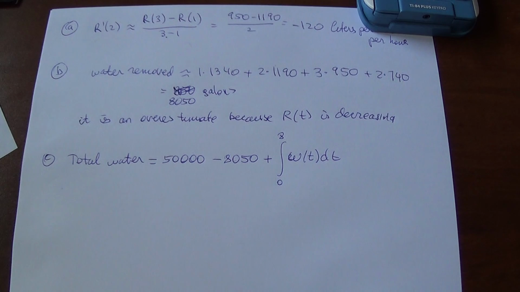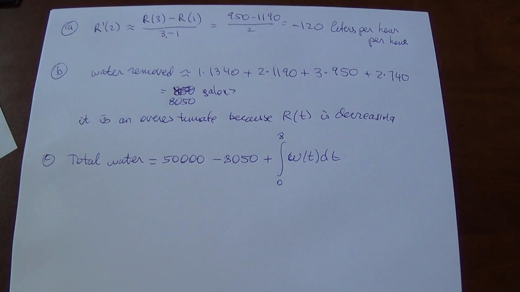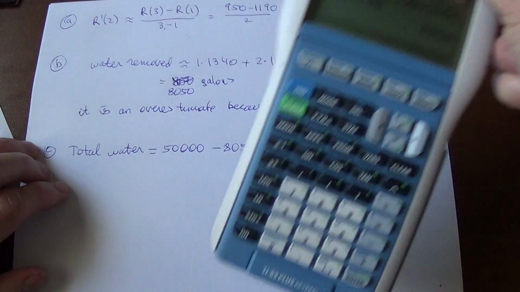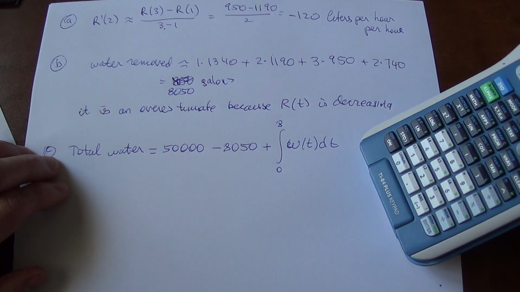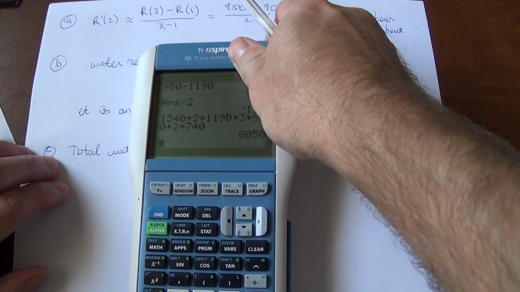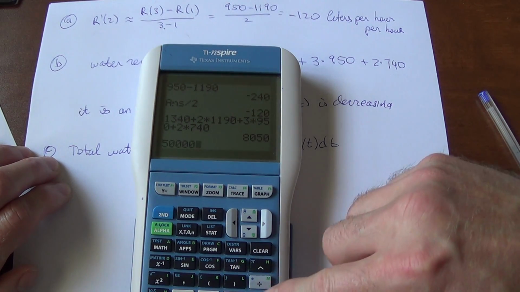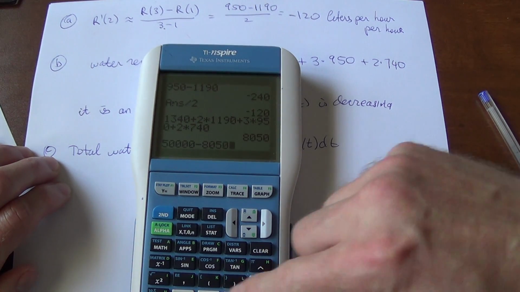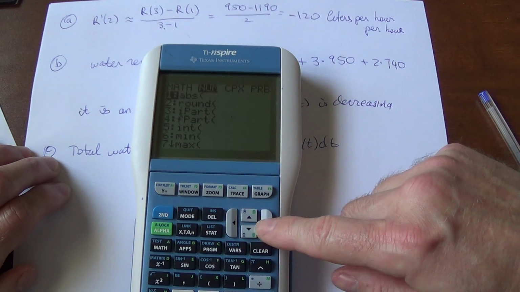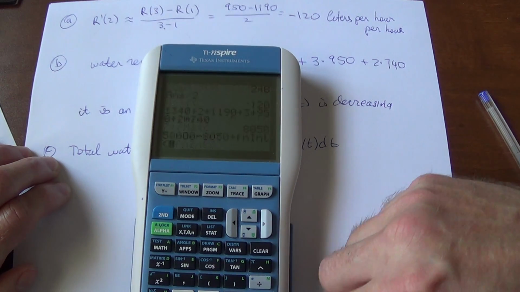Because it's a calculator active question, this function is easy enough to handle. This is the only part where you actually need to use this function. I'm just going to type it all into the calculator now. So we have 50,000 minus 8,050 plus, we go to math, integration is here somewhere, integral.